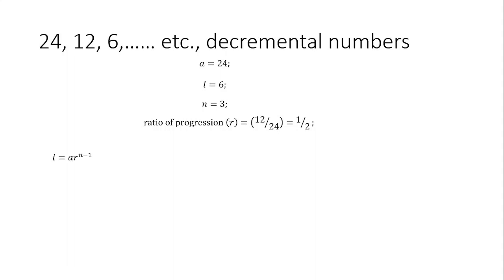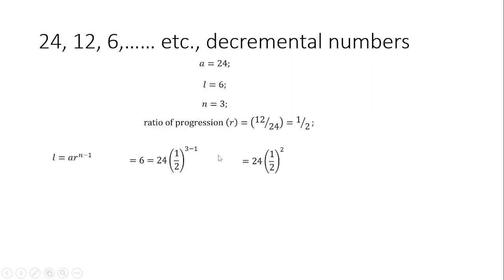After that I can check the formula, the last number L is equal to A into R power n minus 1. Here the last term L I know is 6. I want to check that 6 is equal to 24 into the ratio R, which is 1 by 2 from the previous step. So I substitute 1 by 2 power n minus 1. N is 3, so 3 minus 1.